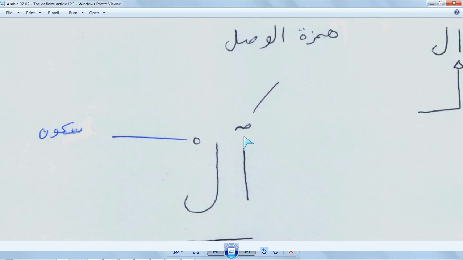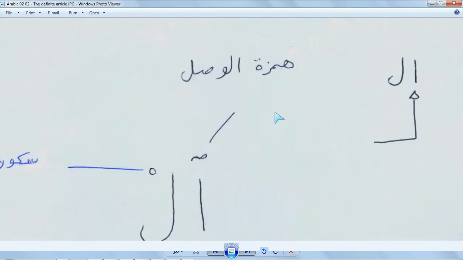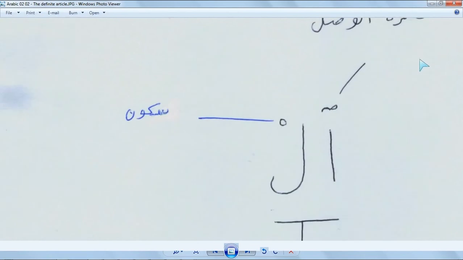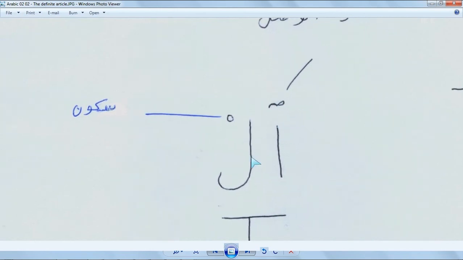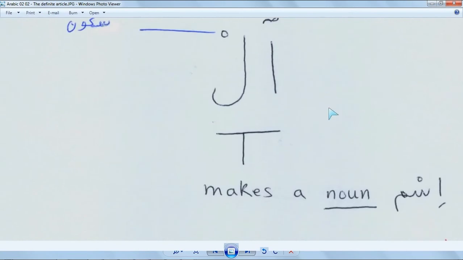Now this may not look like a hamza to you, but in modern text we don't tend to write the hamza like this, and that is a hamzatul wasl. And the lam has a sukoon on it, and this hamzatul wasl always has a fatha, which is missing in the diagram here. So this is actually al, and al literally means the.